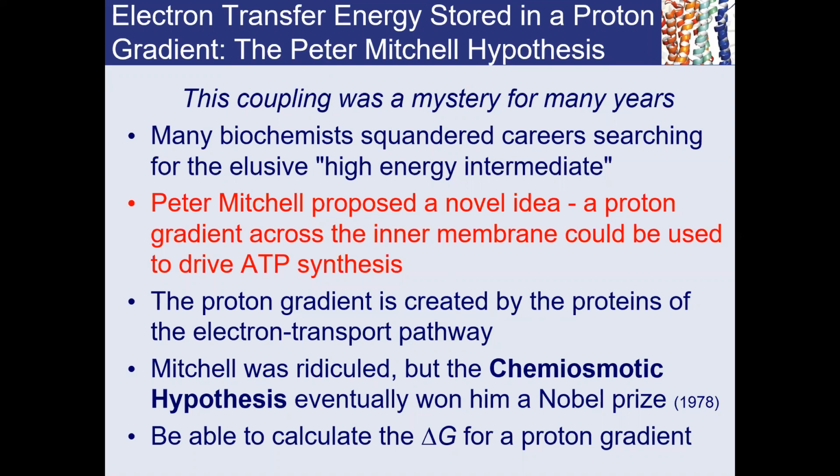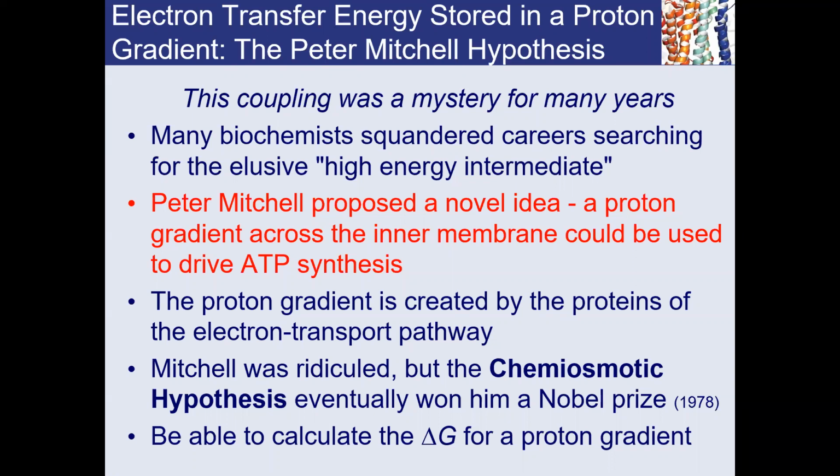By the 1960s, people knew that ATP was the energy currency of life, but they didn't know the mechanism by which ATP was being produced. They always thought there could be a substrate level phosphorylation type of reaction, in which an ADP molecule accepts a phosphoryl group from a high energy reactive intermediate.